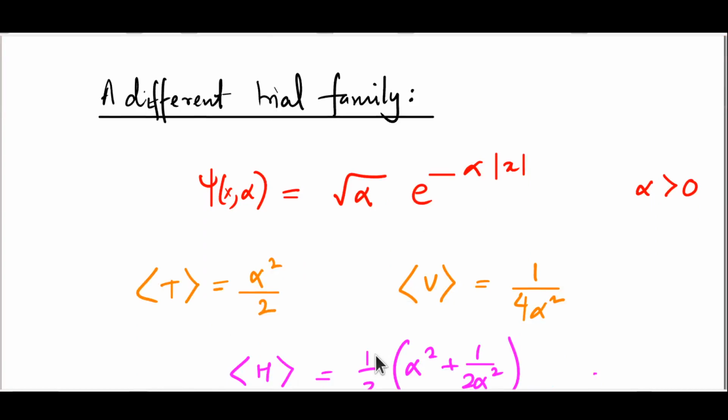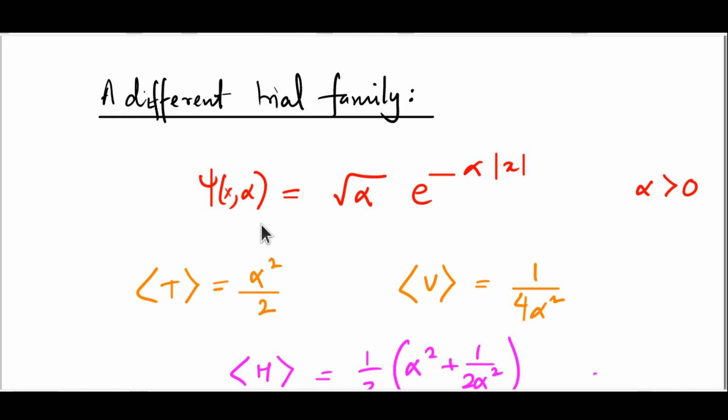Now the calculations for the kinetic energy and the potential energy expectation values here are rather simple. Just one word of warning here though. Trying to differentiate this wave function twice will lead to trouble because you are going to get a delta function like singularity at x equal to 0. That's really not too much of a trouble.